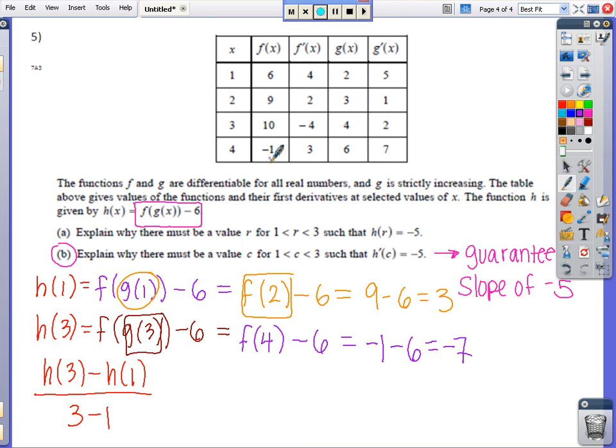All right. Last piece here. H of 3 is negative 7 minus h of 1, which is 3, all over 3 minus 1. So I get negative 10 over 2, which is negative 5.